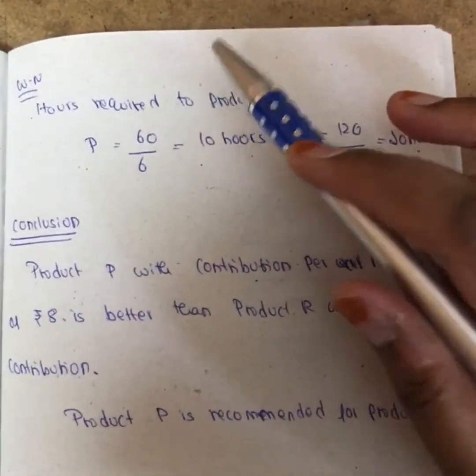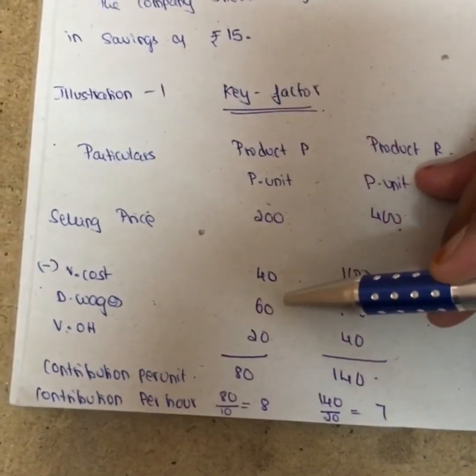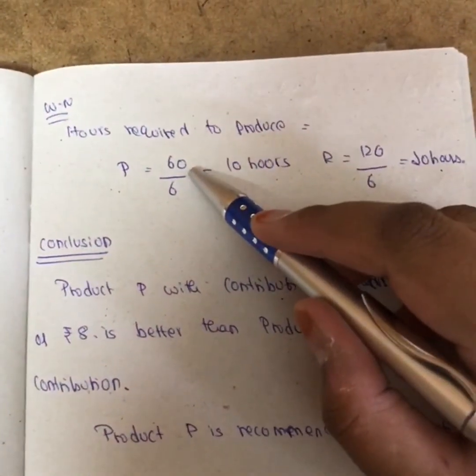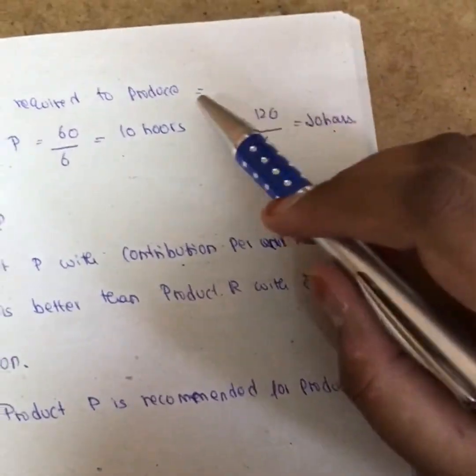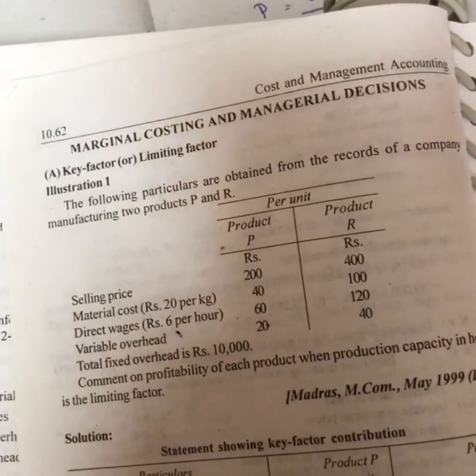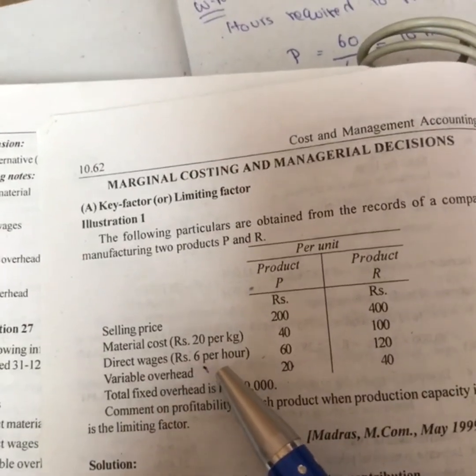Hours obviously we will take from the wages, right? That is the laborers, right? See, the total direct wages given is 60 and 120. So for P it is 60, and for R it is 120. Okay, and in the question they said direct wages is ₹6 per hour.